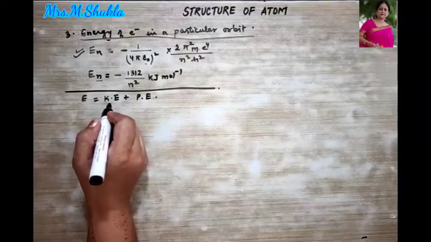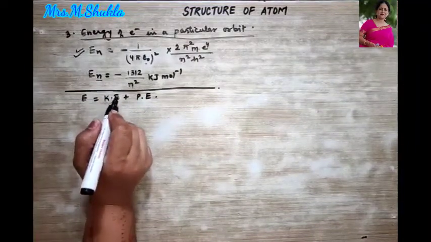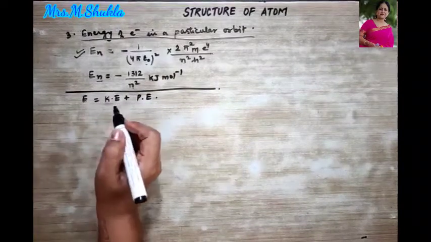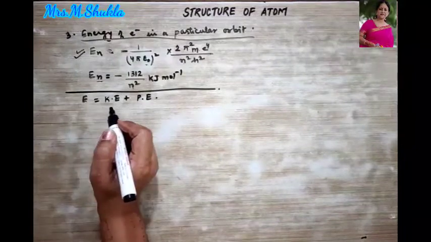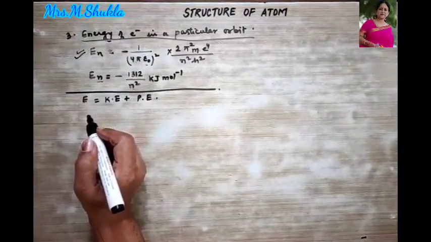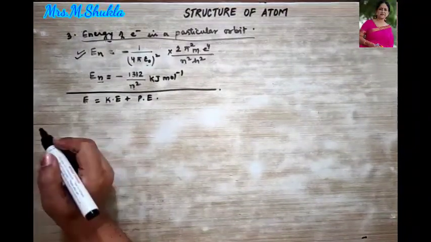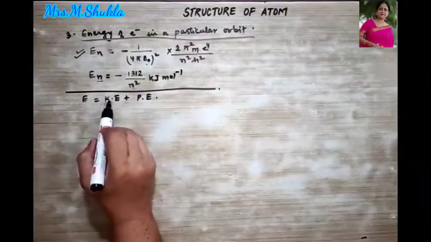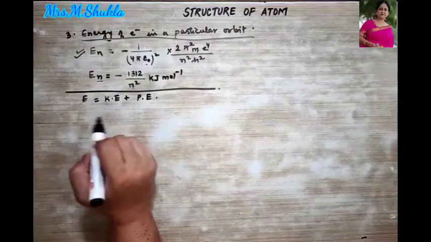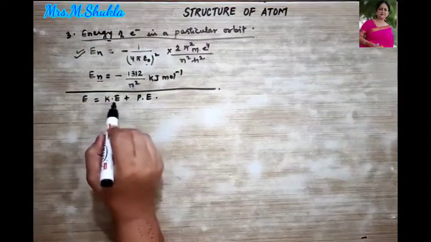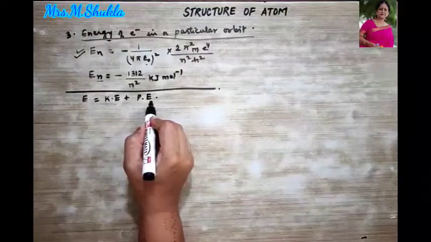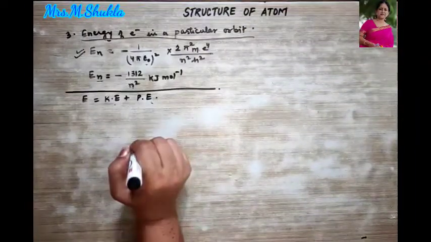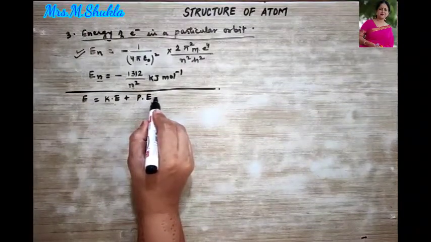Now, kinetic energy is due to the movement of the electron in the circular path. And potential energy is due to the force of attraction between the proton which is present in the nucleus and the electron.